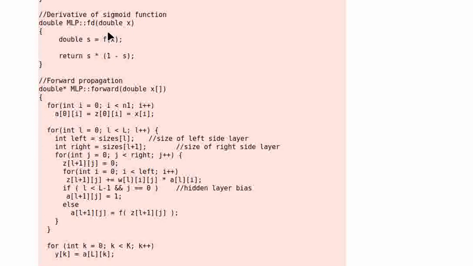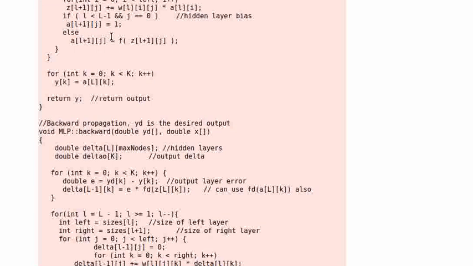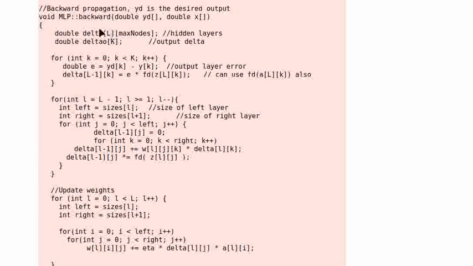So the sigmoid function, the derivative of the sigmoid function, the forward propagation, and the backward propagation. Actually, sorry, this should not be here. We don't need this anymore, so I'll delete it later.